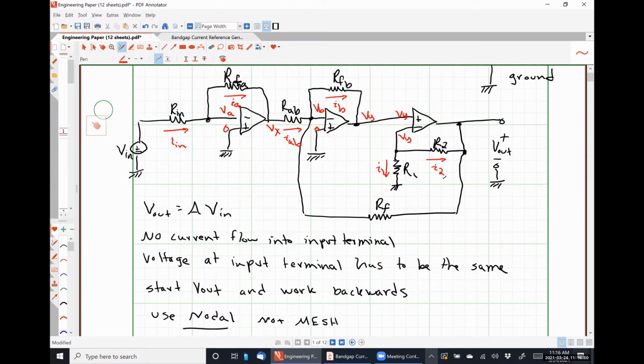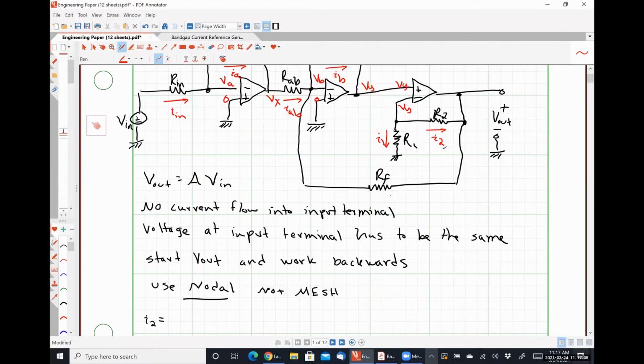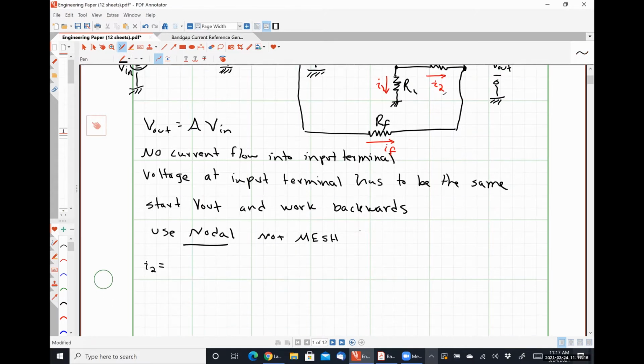If you notice, I tried to keep the naming convention easy enough to understand. VA, VB on the inputs, VX, VY on the outputs. And so let's go from here. So I2. Oh, yeah, that's IF. All right, so we have IF.